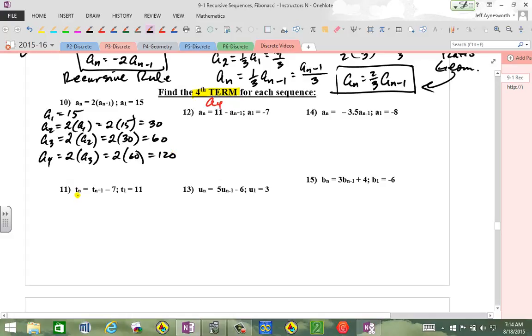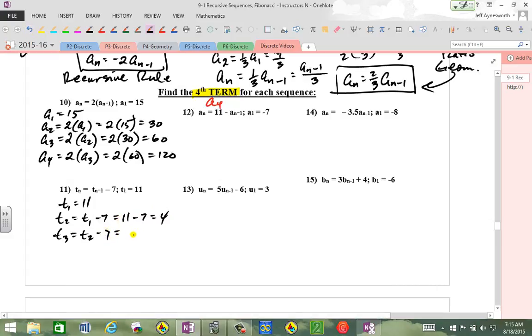Here, this one says each term is the term before it minus 7. Well, starting with T1 is 11. So T2 would be T1 minus 7, which is 11 minus 7, or 4. T3 would be T sub 2 minus 7.